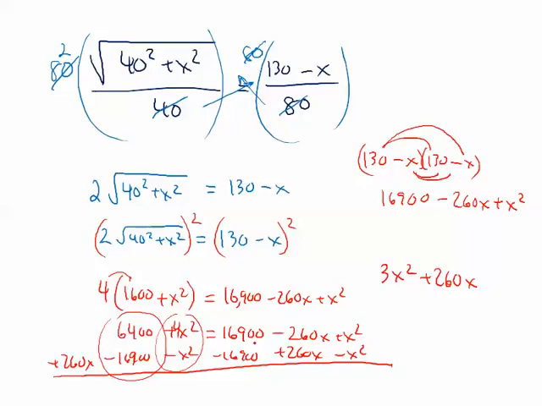Anybody? 6,400 subtract 16,900. 10,500? Yeah. So minus 10,500 is equal to 0.